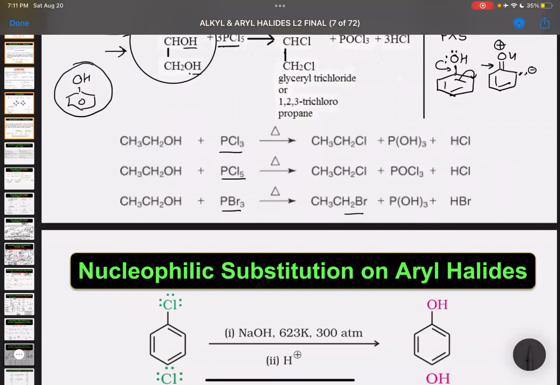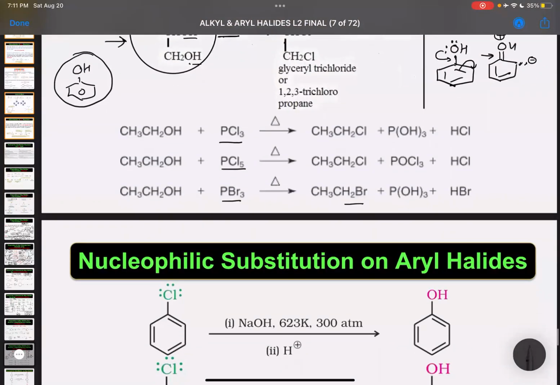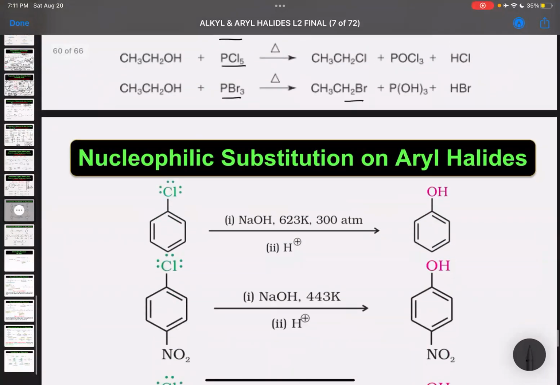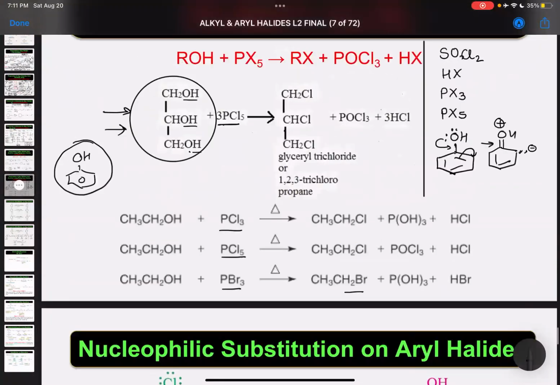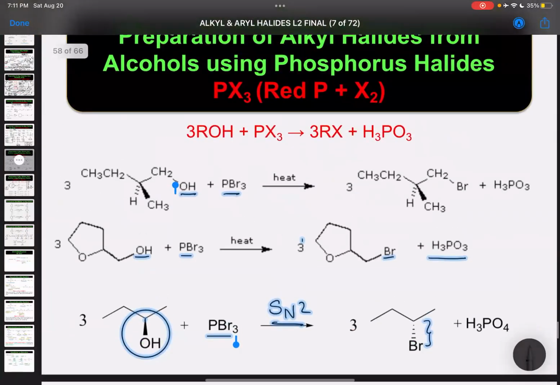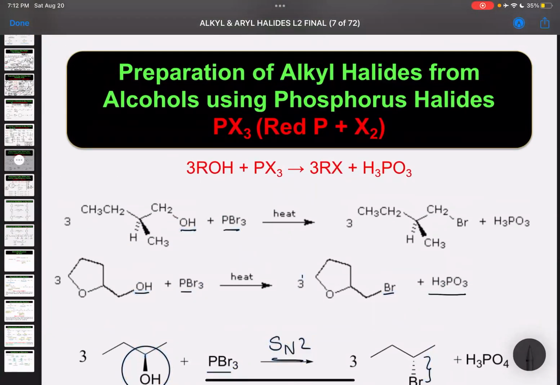Now the next thing is nucleophilic substitution reaction on aromatic halides. Till now we have seen nucleophilic substitution on aliphatic halides, alkyl halides.